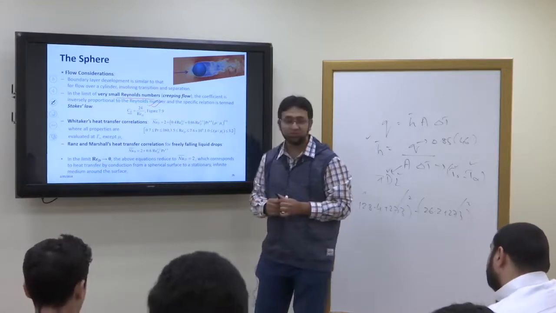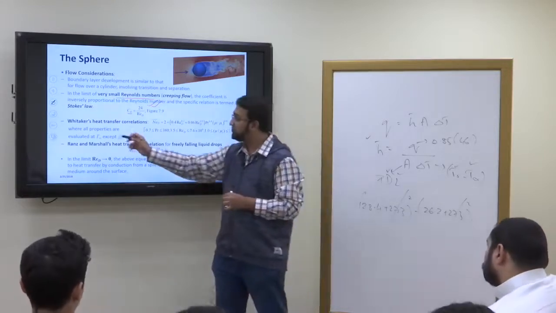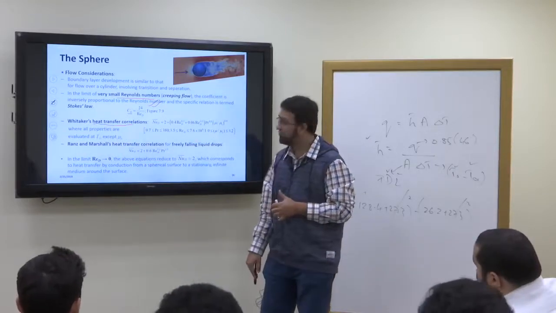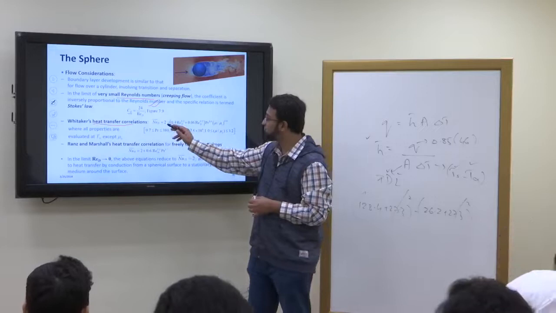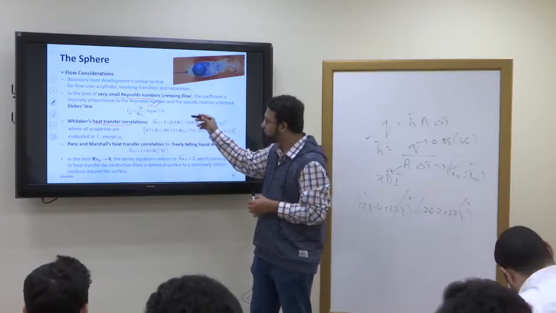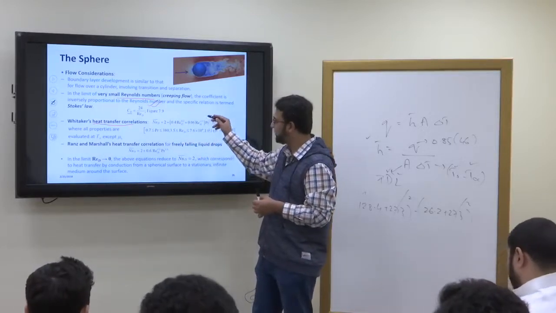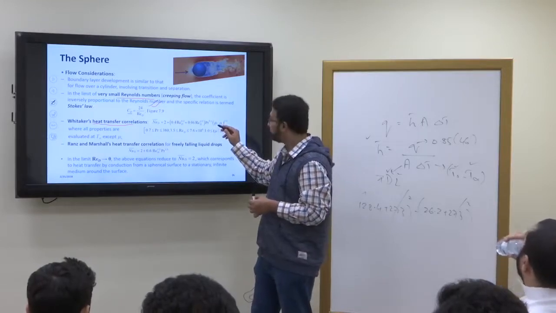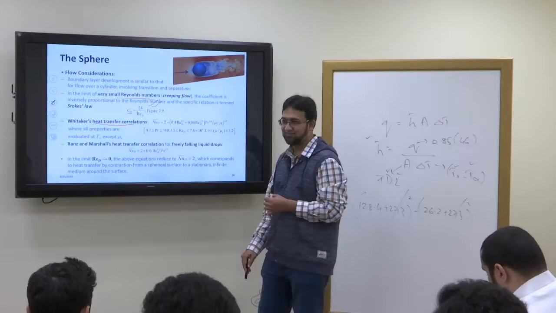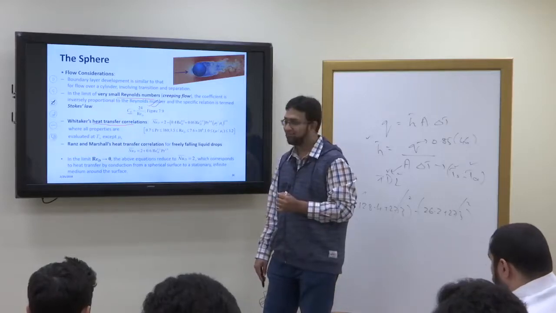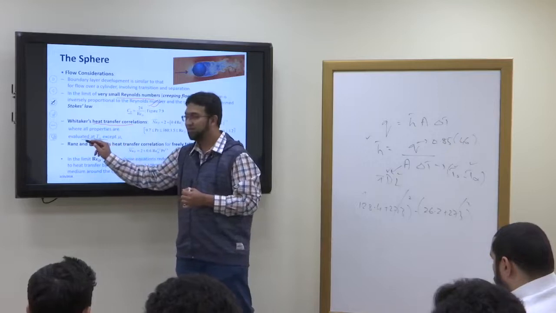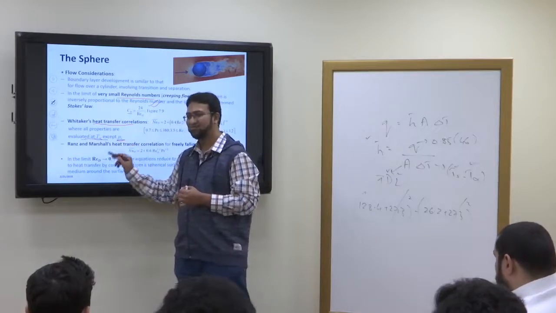For the heat transfer coefficient, we can use the Whitaker heat transfer correlation: Nusselt number equals 2 plus 0.4 Reynolds number to the power half plus 0.06 Reynolds number to the power 2/3, multiplied by Prandtl number to the power 0.4, into mu upon mu s, where all properties are evaluated at T infinity except mu s.